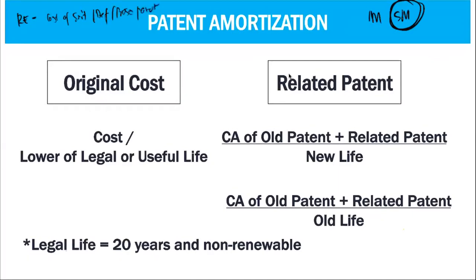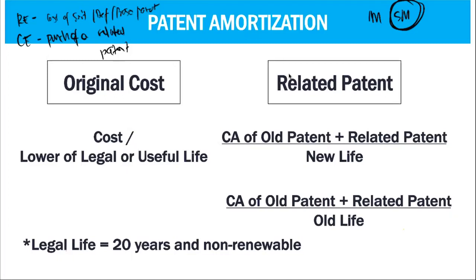Now, maybe you're asking me, sir, how about a capital expenditure? What is a capital expenditure on your patent? The capital expenditure on your patent is known as the purchase of a related patent. Sir, why do we consider the purchase of a related patent as a capital expenditure?